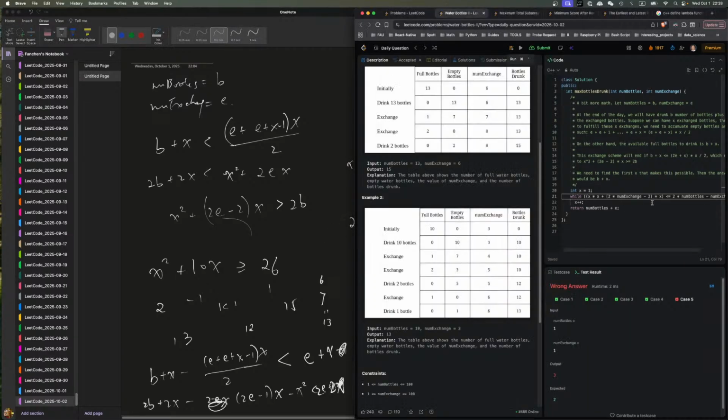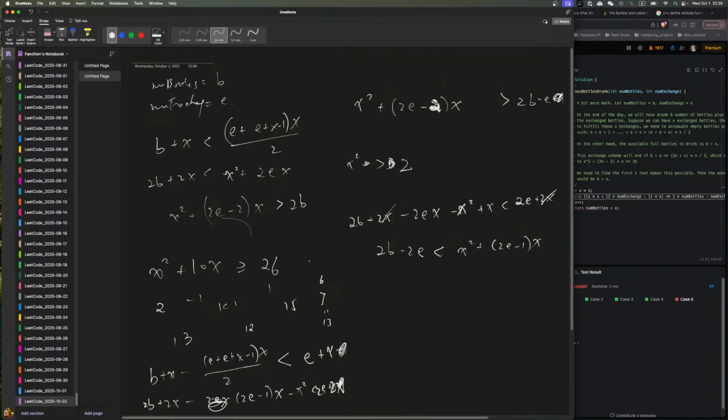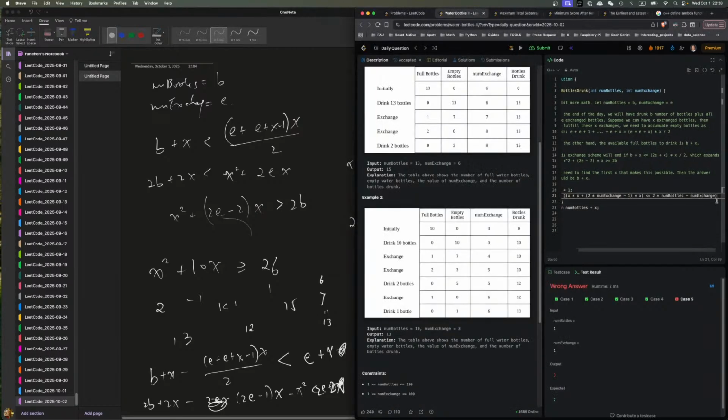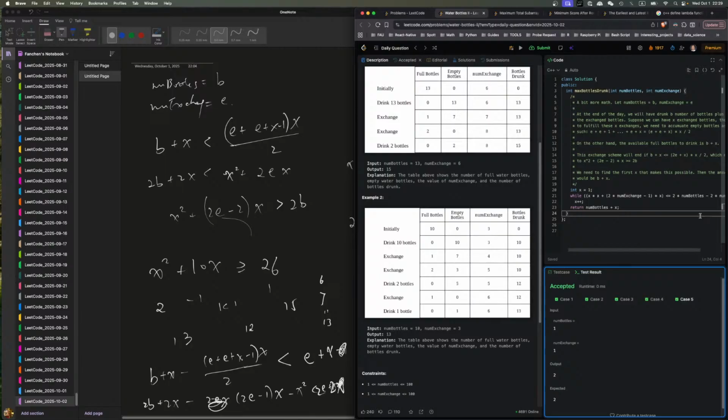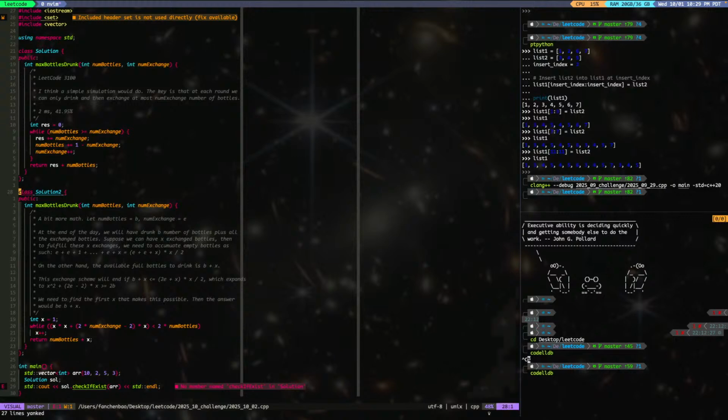So x squared 2e minus 1 x is larger than 2b minus 2e. How about this one? This one's right. Oh, took a few tries. Jeez.